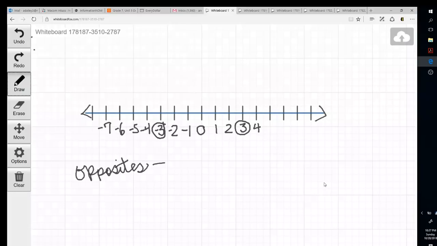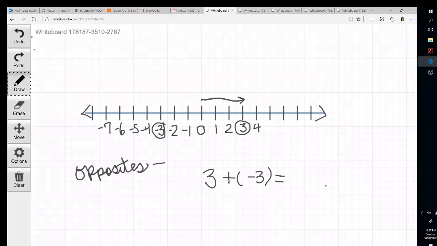Okay, when we add opposites together, 3 plus negative 3, let me show you how to do that using arrows. When you model addition or subtraction using arrows, you always start with 0. So we're going to start at 0 and go to our 3.